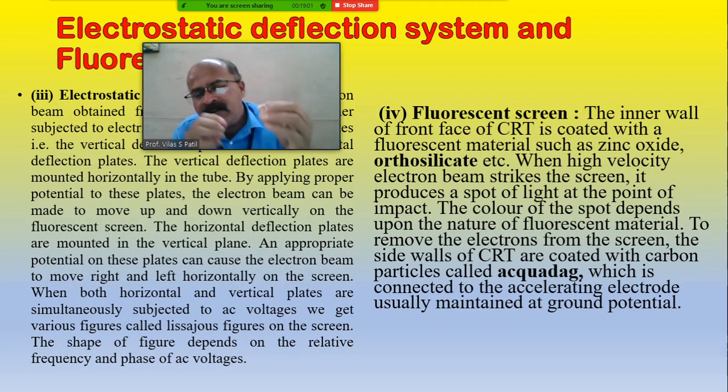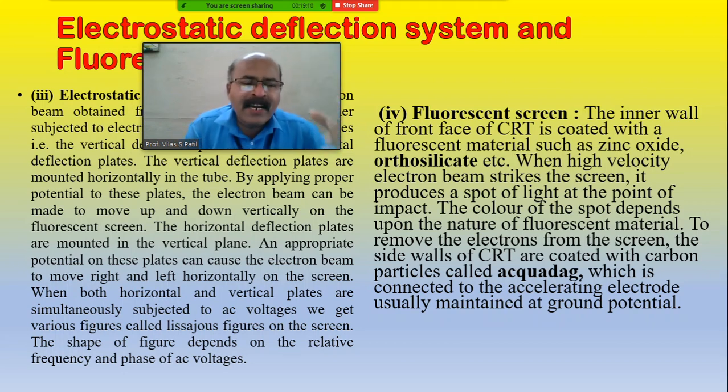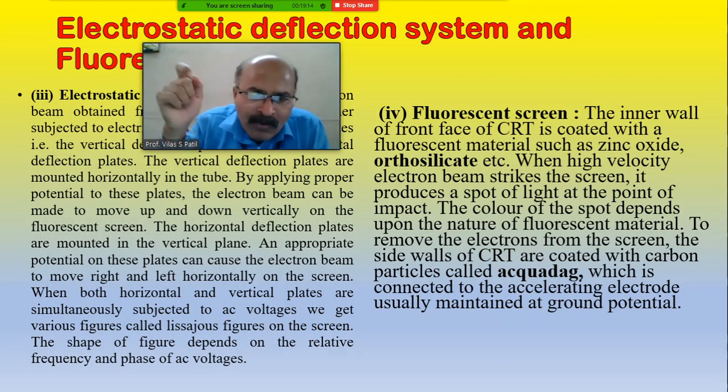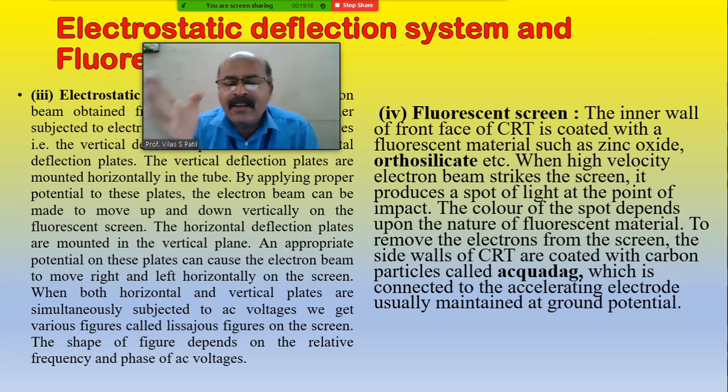At the impact point we see the visual indication of light, and the oscillatory signal is indicated in the form of light on the screen by the fluorescent screen, hence producing a spot of light at the point of impact.